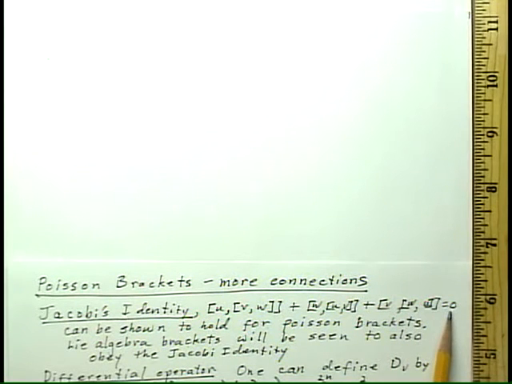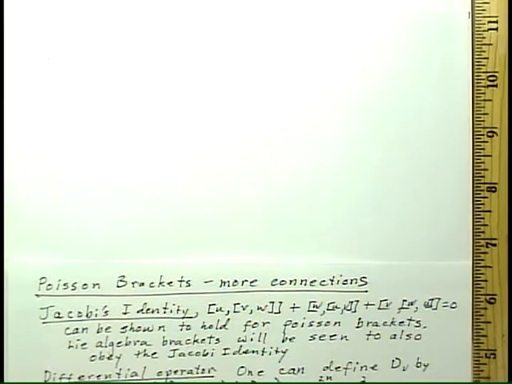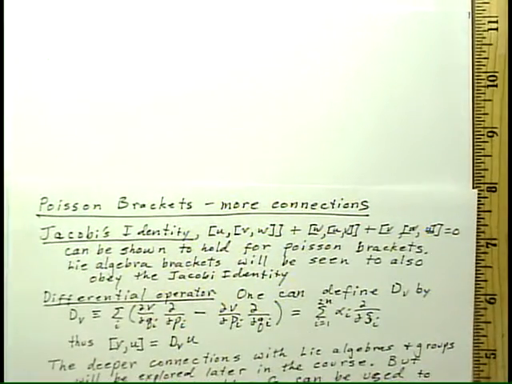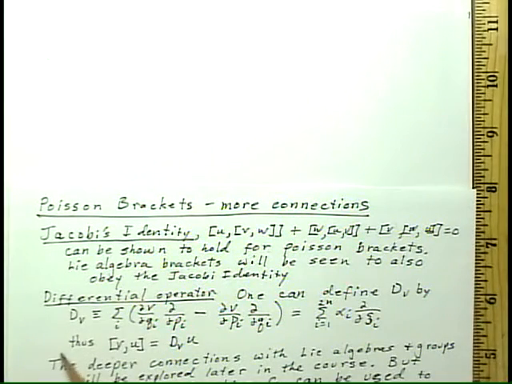The sum of those three brackets always vanishes. That will hold with commutators between matrices. In other words, it will obtain when we have Lie algebras, and it also obtains for all generalized coordinates for Poisson brackets.